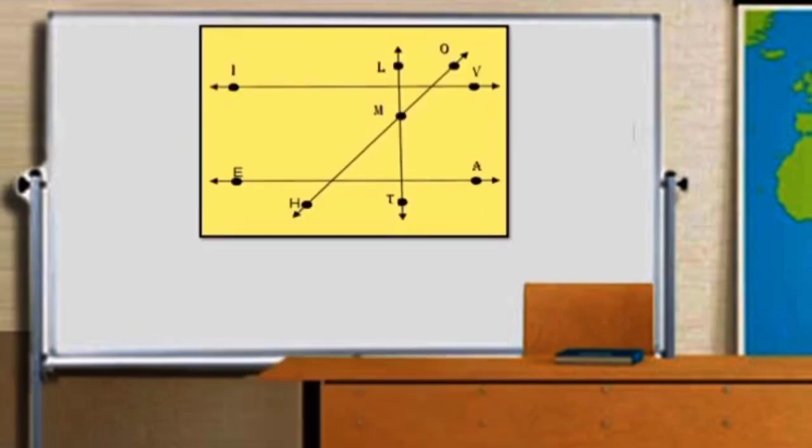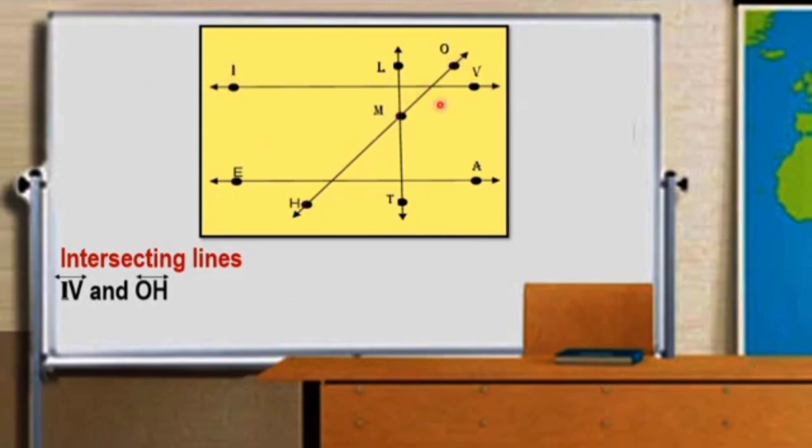Ngayon, tignan natin itong ating illustration. Identify natin kung alin ang mga intersecting lines sa ating given illustration. The first one, tama. Meron tayong line IV and line OH.